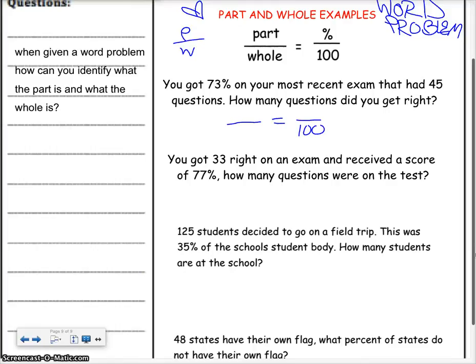So I just outline the numbers I have. 73%, 45 questions. How many did I get right? So the 73, of course, goes where the percent is. And then I just ask myself if the next number is a part or a whole. So my most recent exam had 45 questions. Is that all of the exam or part of the exam?